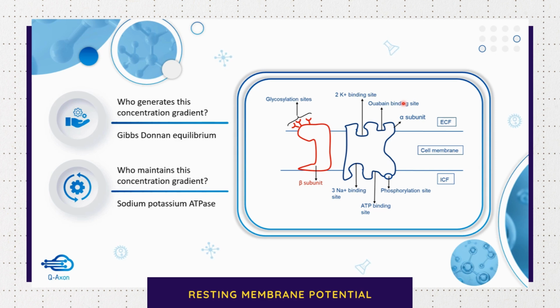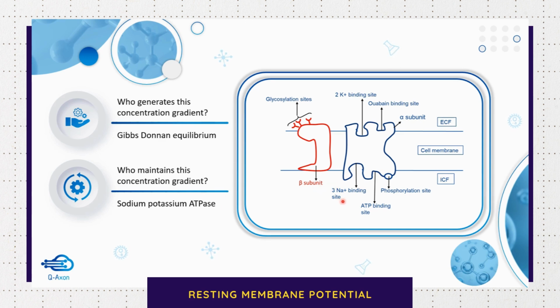So to maintain the concentration gradient, sodium-potassium ATPase works by throwing out 3 sodium ions from inside to outside against its concentration gradient and bringing in 2 potassium ions from outside to inside, again against its concentration gradient. So sodium-potassium ATPase has a crucial role in maintaining this concentration gradient for sodium and potassium.